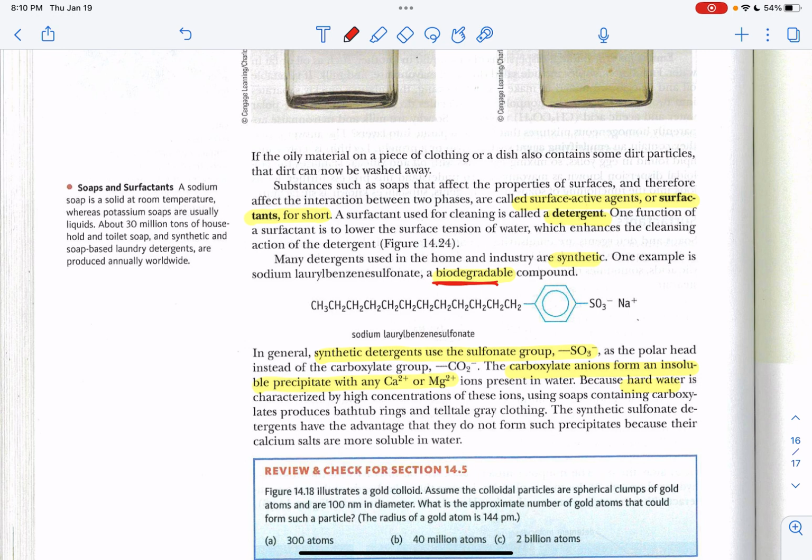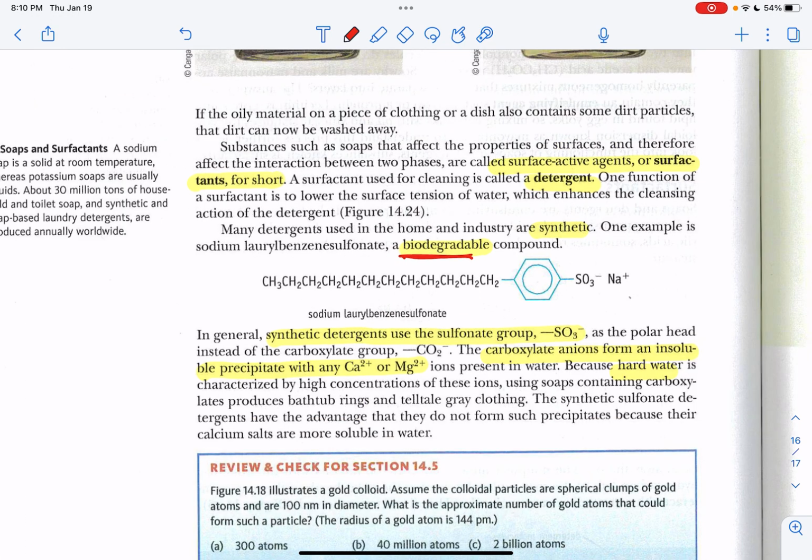And so nowadays, we might use something, for example, like the sulfonate group. It looks like the sulfate ion. Remember the sulfite ion, that's the sulfate ion. Here's the sulfite ion.